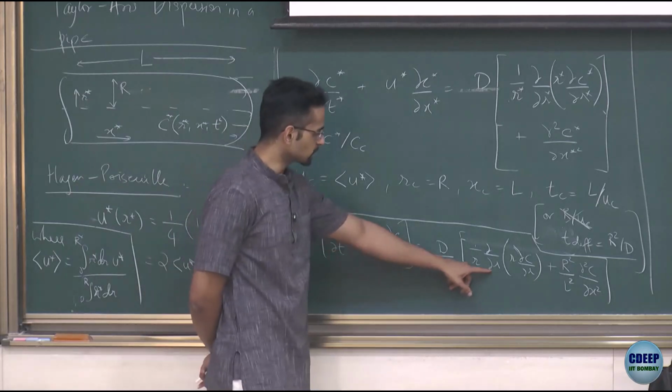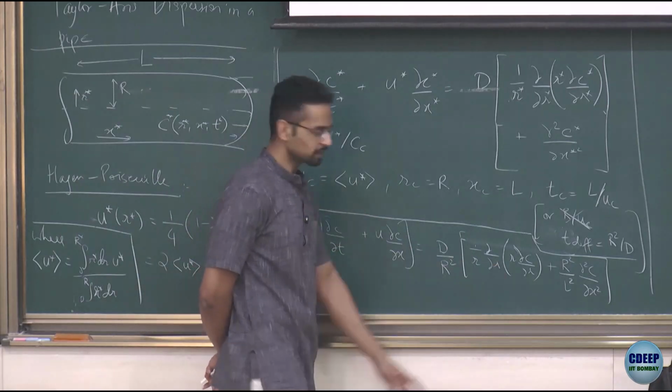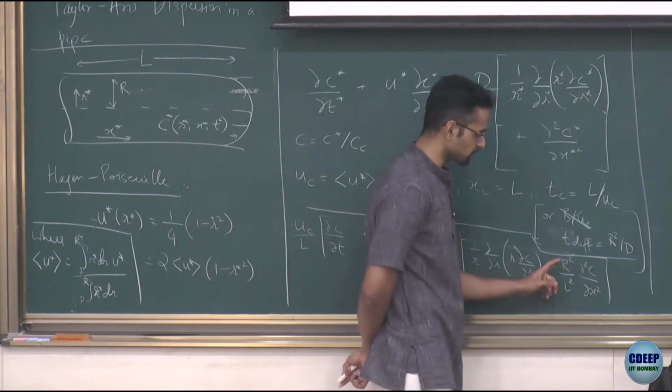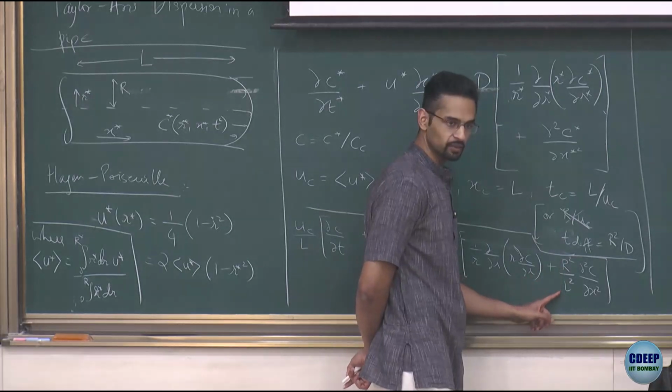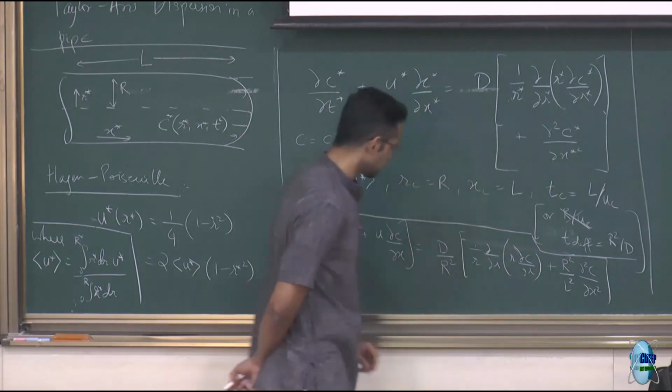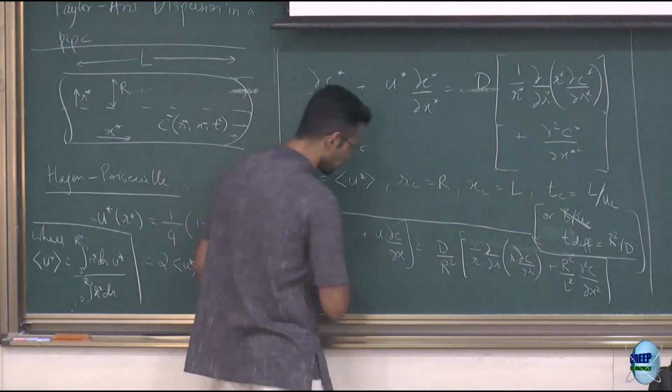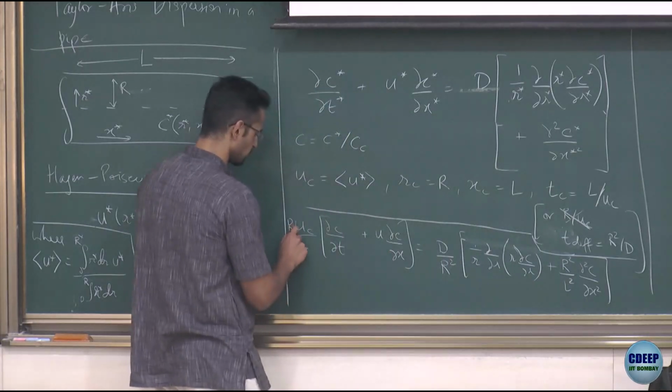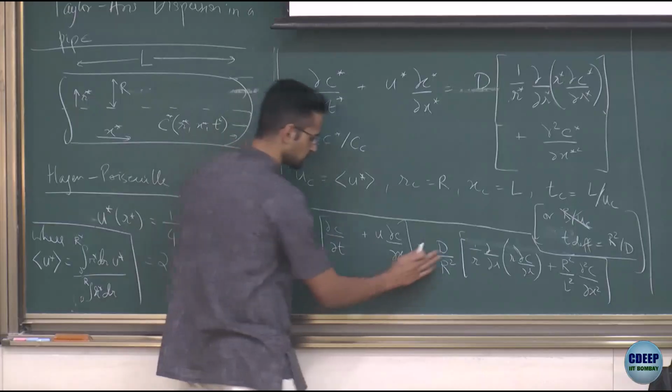So you get R square out from the denominator. The fact that this is an X square, to compensate for that I have an R square by L square, right? And then I can of course move this to the other side. So I will get r square by D here.